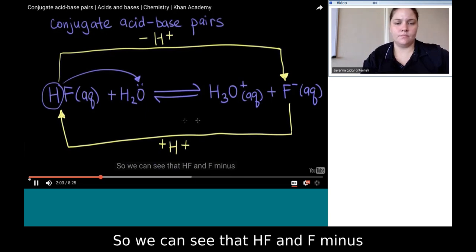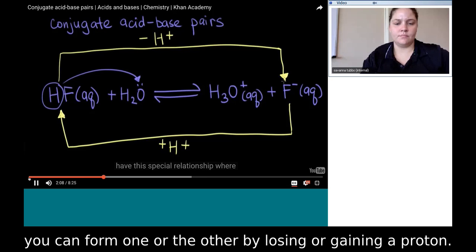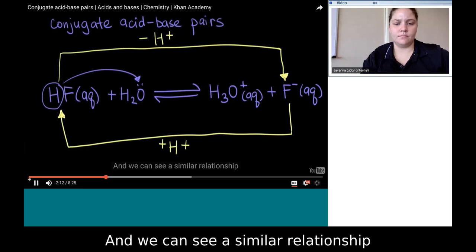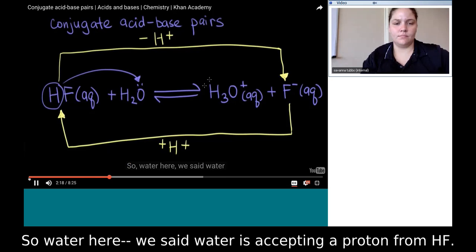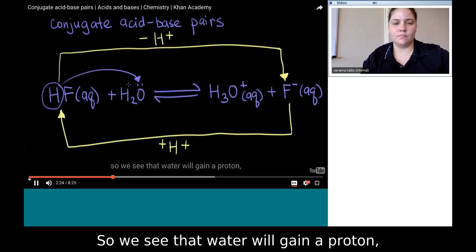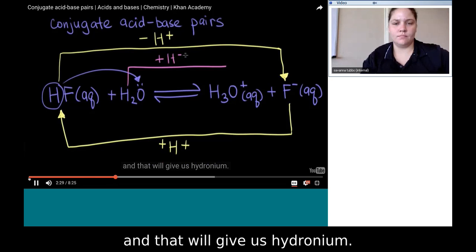So we can see that HF and F minus have this special relationship where you can form one or the other by losing or gaining a proton. And we can see a similar relationship between water and hydronium. So water here, we said water is accepting a proton from HF. So we see that water will gain a proton, and that will give us hydronium.